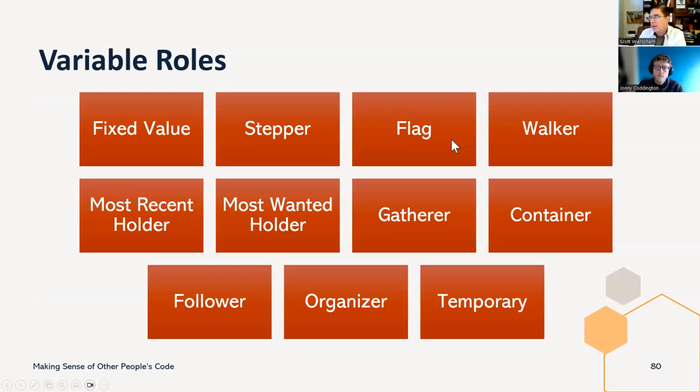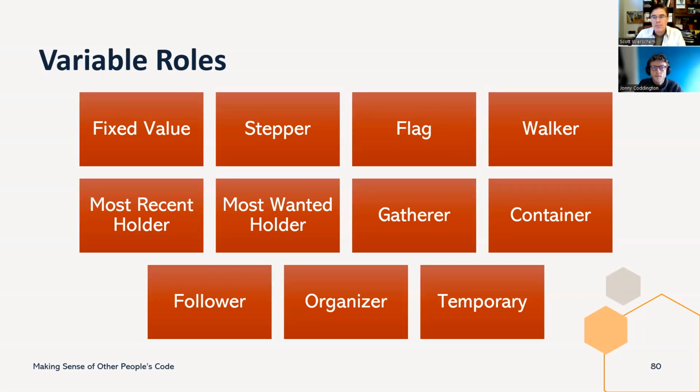It's usually binary, but not necessarily. A walker is used to traverse a data structure. Where a stepper will increment an index, a data walker will increment by some unknown step, like a next pointer in a linked list or a tree or something like that.